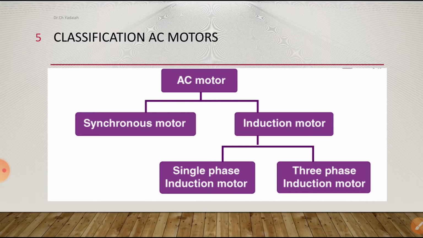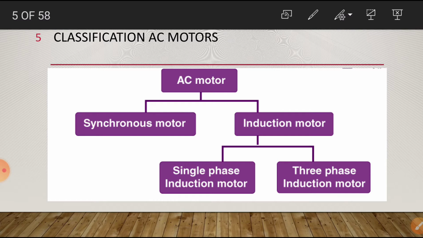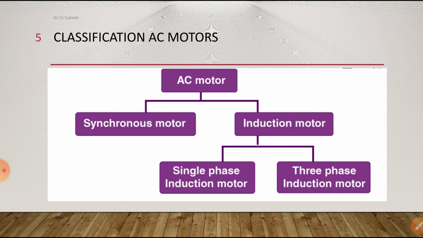Now, classification of induction motors. As you know, previously we have seen AC motors are classified into synchronous motors and asynchronous motors. Here the asynchronous motor is nothing but the induction motor.